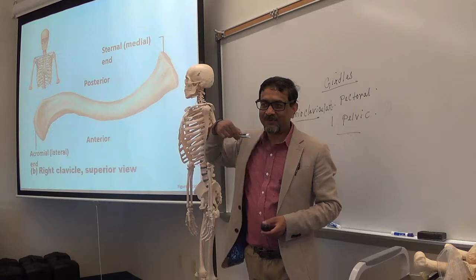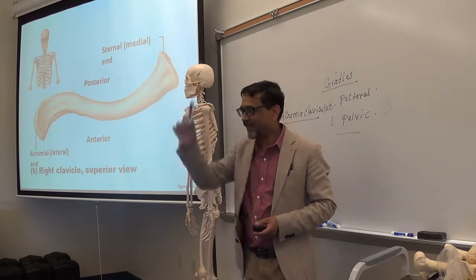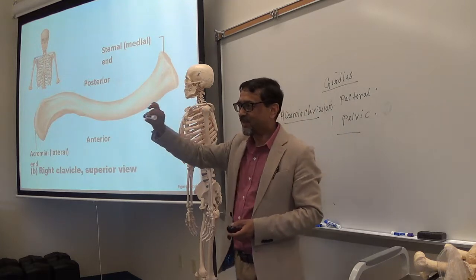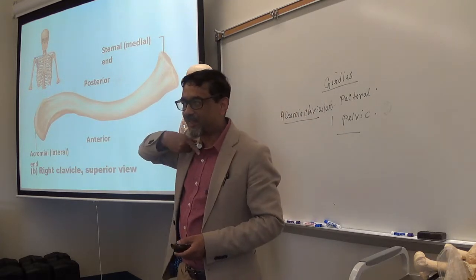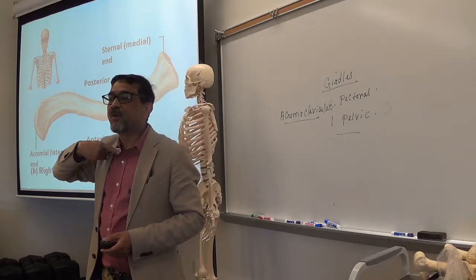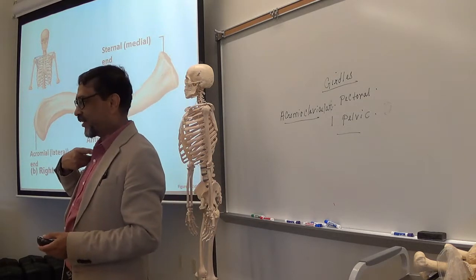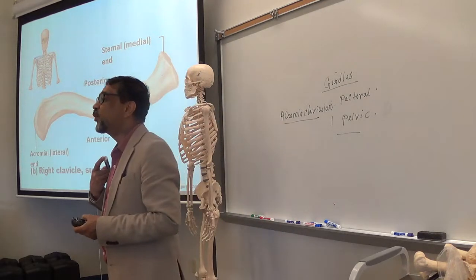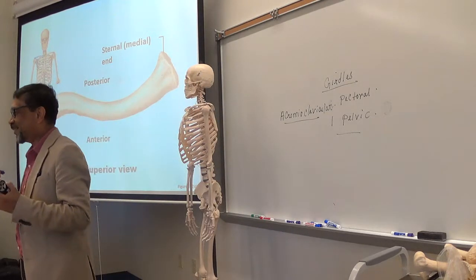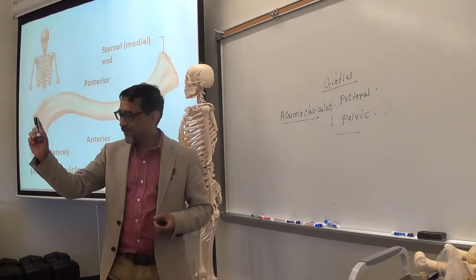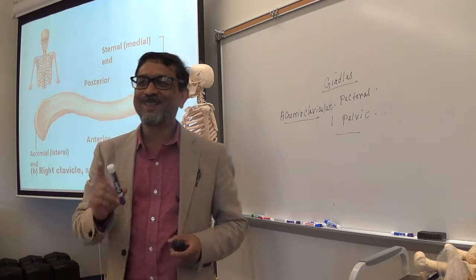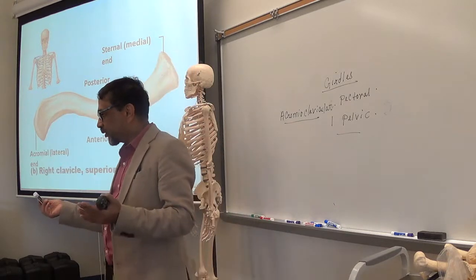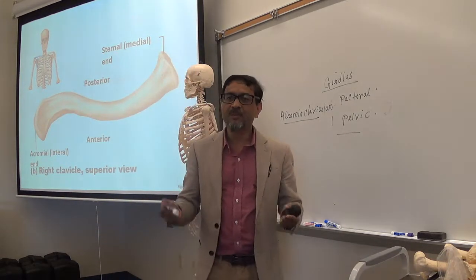Most of the long bones are like this. This one is horizontally placed here. It is also called collar bone. In females, sometimes people say beauty bone, in case of girls, not boys. So this is the clavicle, commonly known as collarbone, or in case of females, sometimes beauty bone.